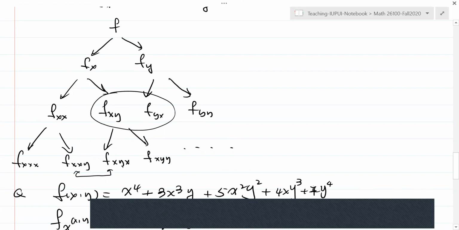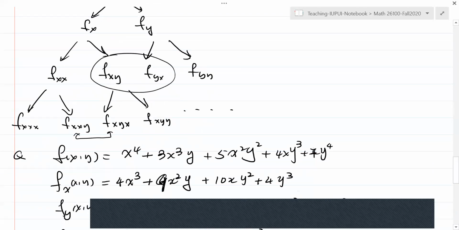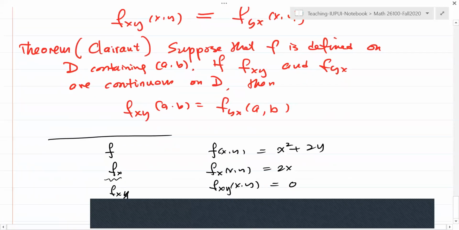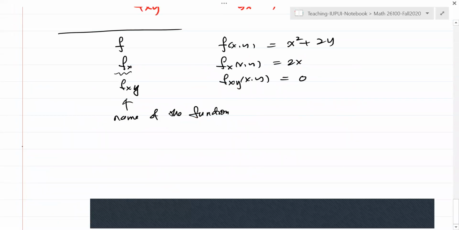You can interchange the order for many functions, as long as the function is very nice, it's always true. Those are the partial derivatives. We can check it using different functions, not necessarily polynomials.